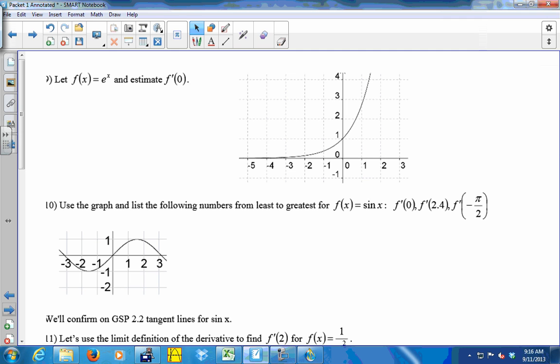Okay, so here's f of x equals e to the x. Pretty simple function. I want you to estimate f prime of 0, the derivative of the function at the point x equals 0. So I'm going to let you discuss a strategy on how to estimate that.